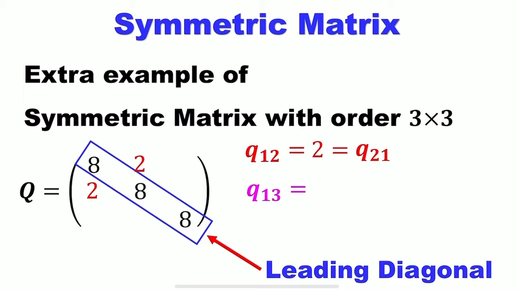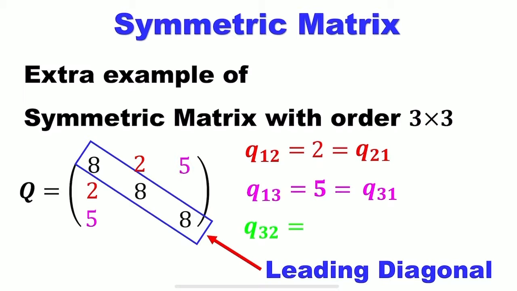Now we take a look at the entry Q13, at row number 1, column number 3, which is equal to 5, and it reflects to the entry Q31, which is row number 3, column number 1.